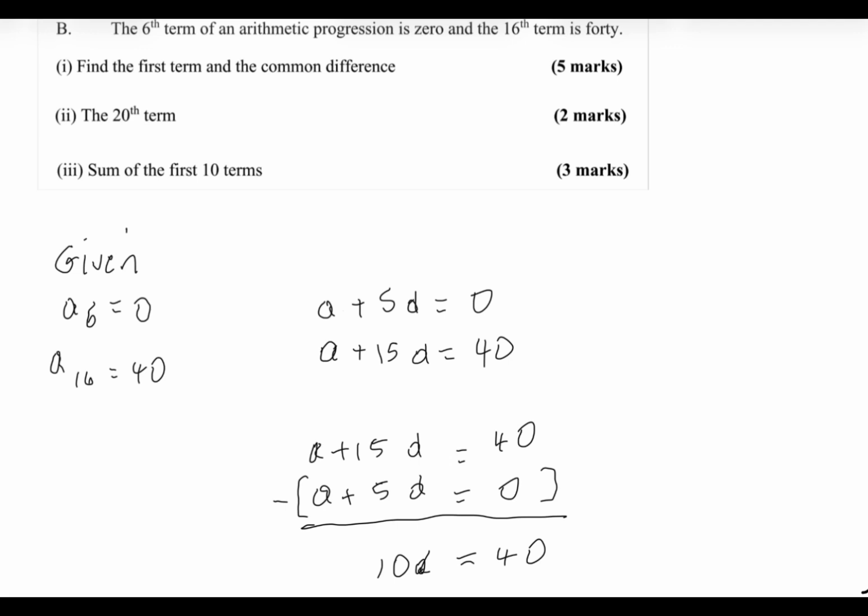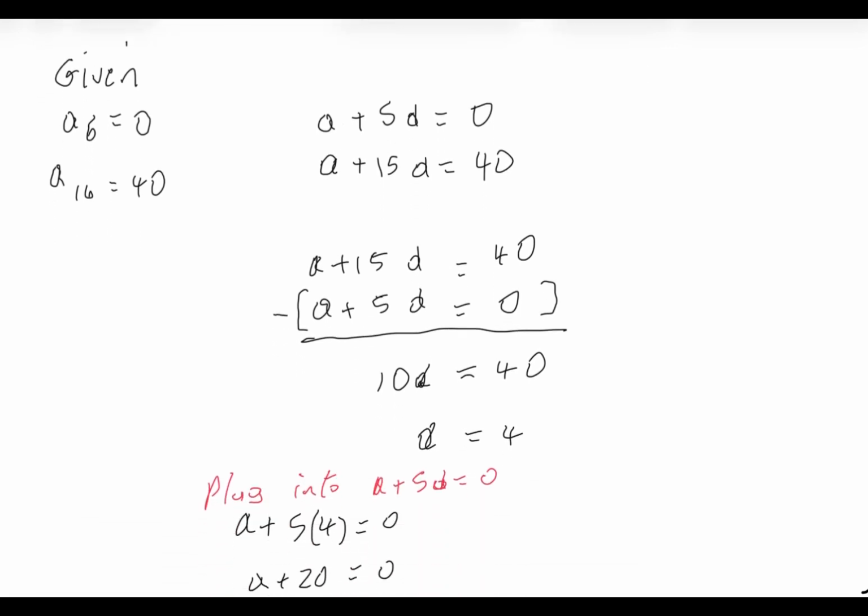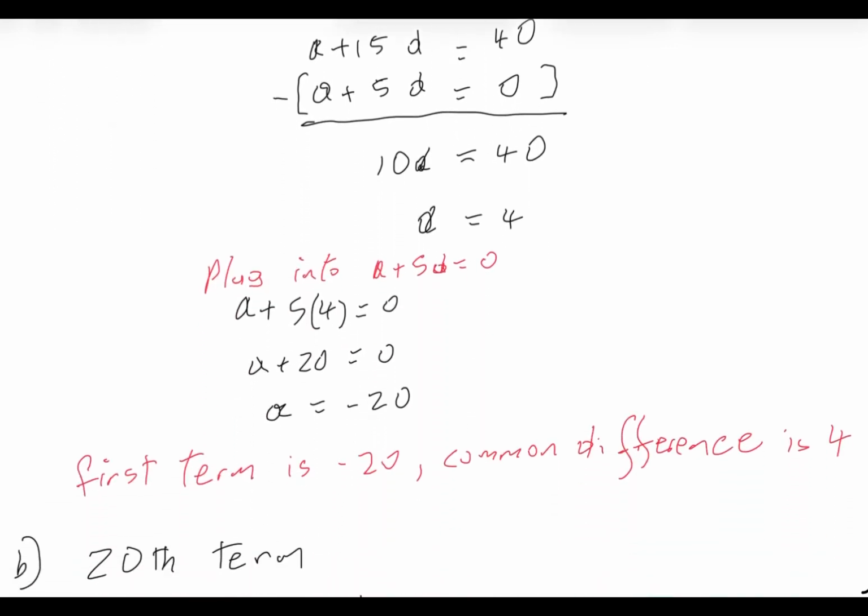We can subtract: a plus 15d equals 40, minus a plus 5d equals 0. So a minus a cancels out, 15d minus 5d leaves you 10d, and 40 minus 0 gives you 40. So 10d is equal to 40. Dividing both sides by 10, we end up with d is equal to 4.